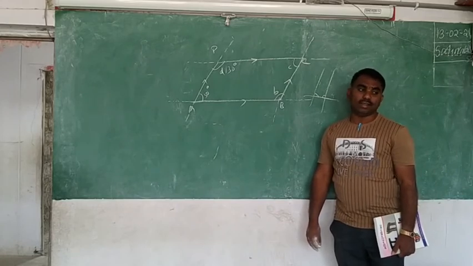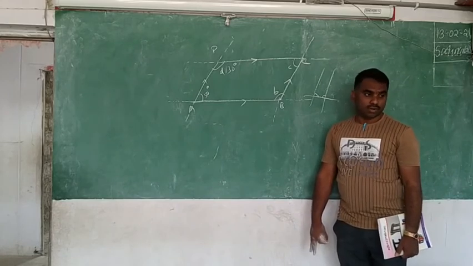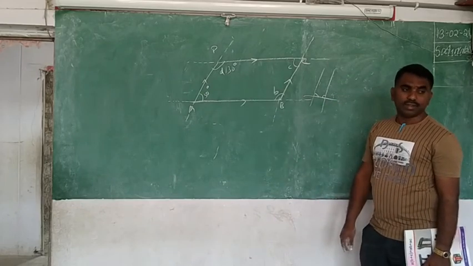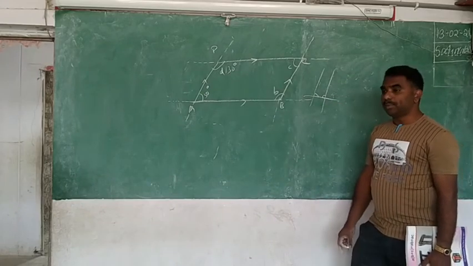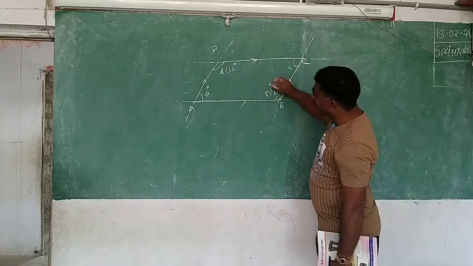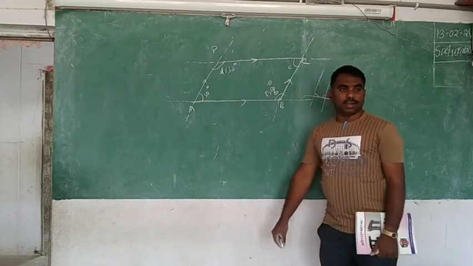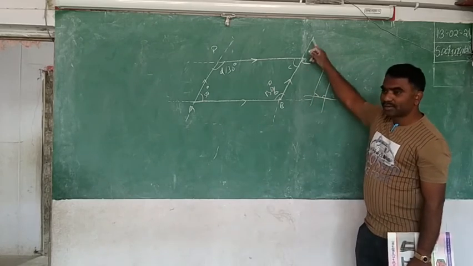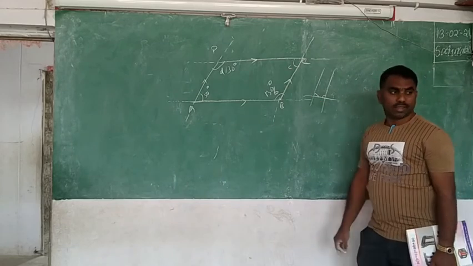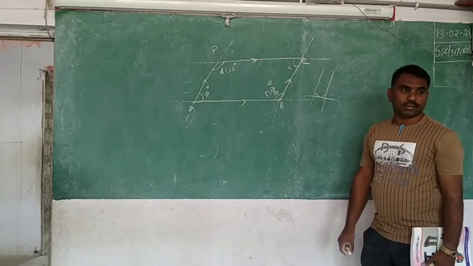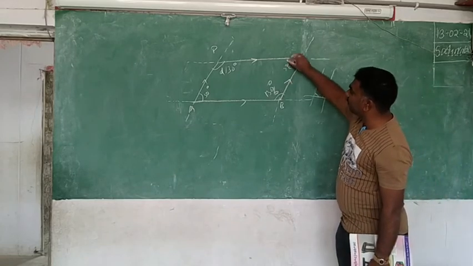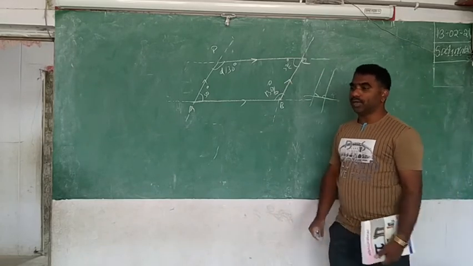Interior, same side. Interior same side angles are supplementary. Then if it is 50, this is 130. Now, it is the transversal, and these both are supplementary because they are interior, same side. If it is 130, then this is the supplement. Okay.